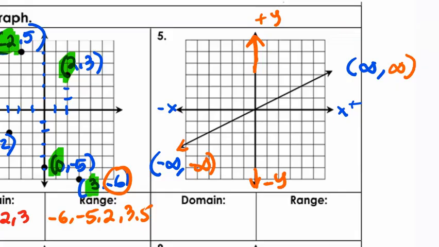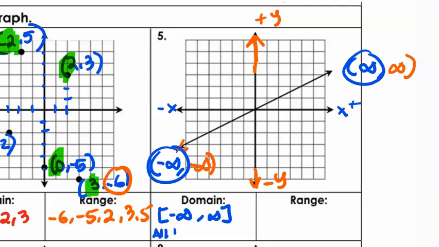Now, let's talk about domain first, the value of X. This can be written from left, smaller number, bracket, negative infinity, until positive infinity. Or we call this all real numbers.